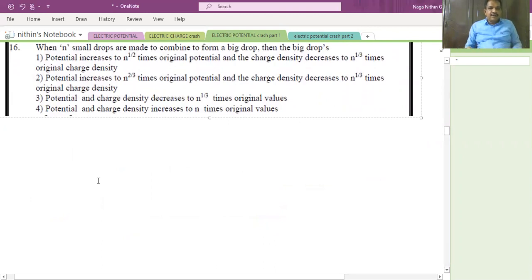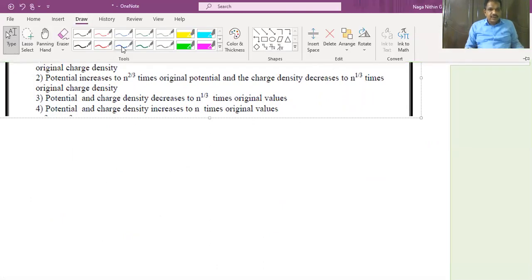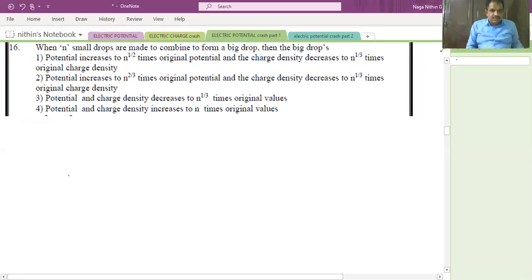Find the potential of the big drop and the potential of the small drops. Let's see what to do. Here N small drops are there, and all the small drops are combined to form a big drop.